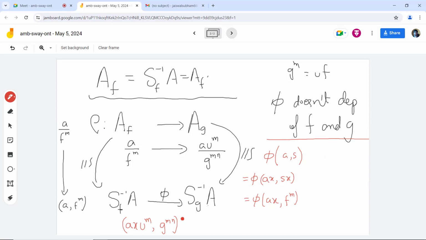So we are getting this. I don't want to go back to the same thing, but if we would have taken some G prime, then we would have got U prime, G prime to the power.